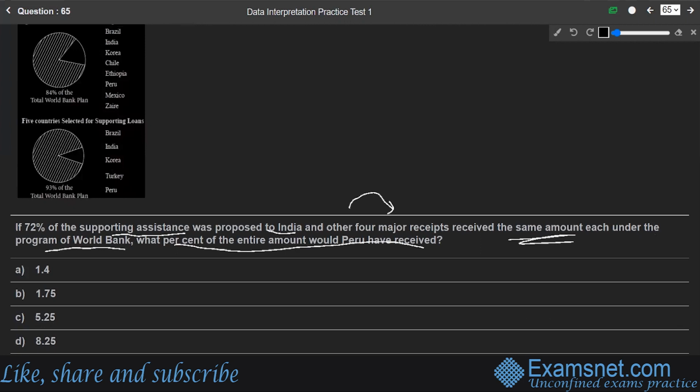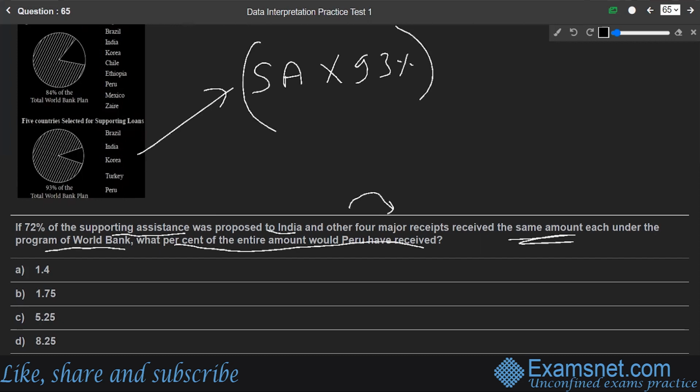So what they are saying is that 72% of the supporting assistance was proposed to India. Let's say the supporting assistance was SA; that 93% plan is the only part exposed by this chart. So 93% of the supporting assistance is this value.